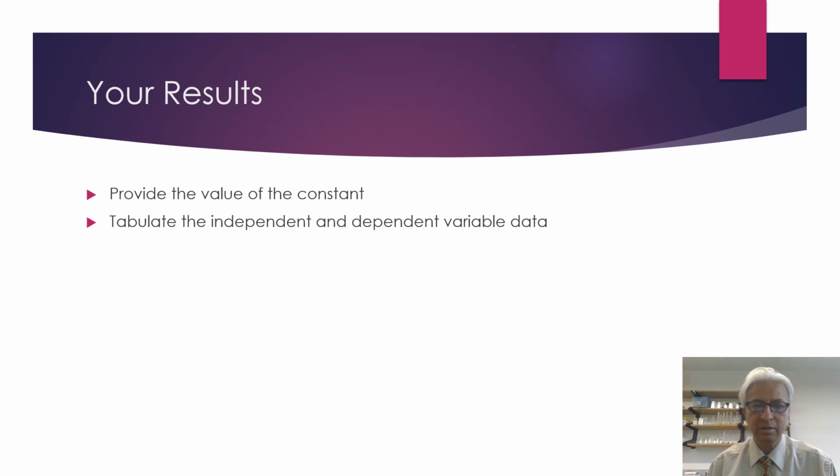Then tabulate the independent and dependent variables. One pair of variables you had was the independent variable radius and the dependent variable speed. In the other case, the independent variable was the tension and the dependent variable was the speed. In both cases, the dependent variable was the speed.